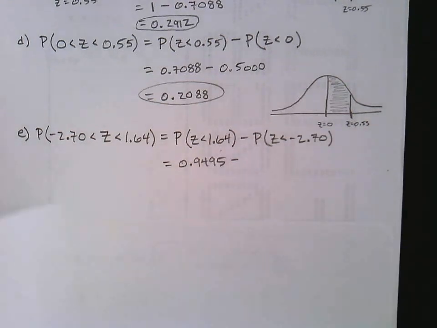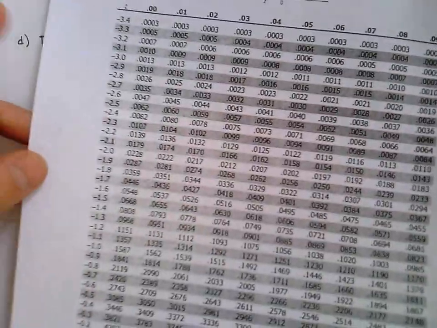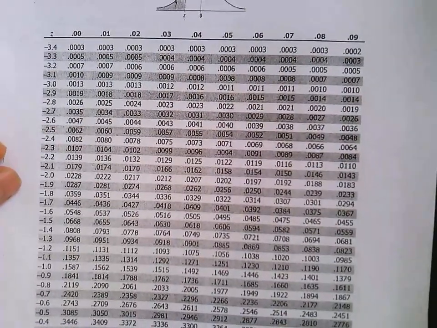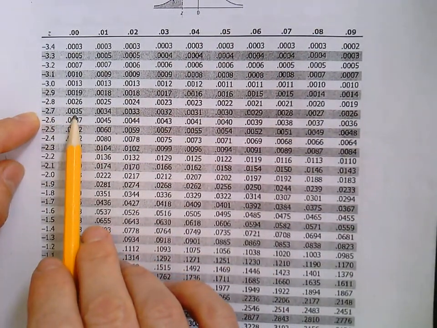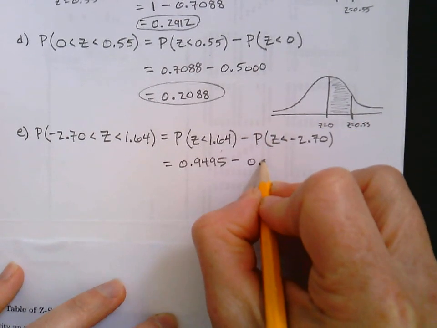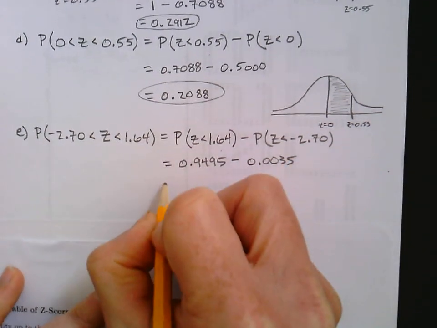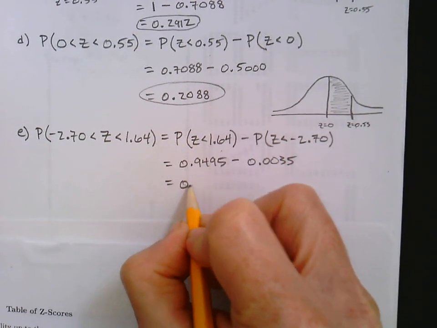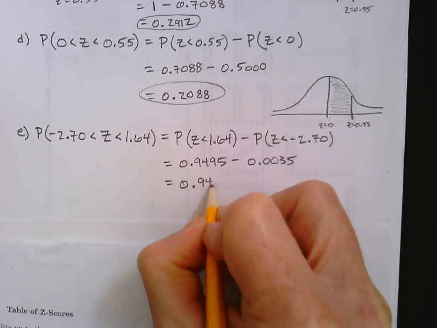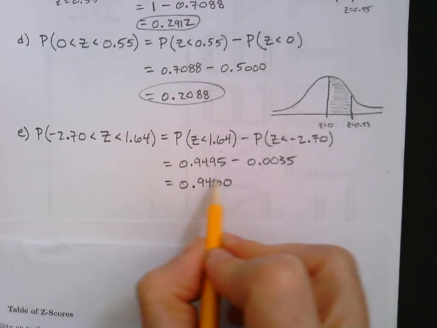Negative 2.7, I'll have to flip it over. Negative 2.70 is 0.0035. If I subtract, let's see, with my calculator, 0.9495 minus 0.0035 is 0.946, and I'll throw another 0 on there.